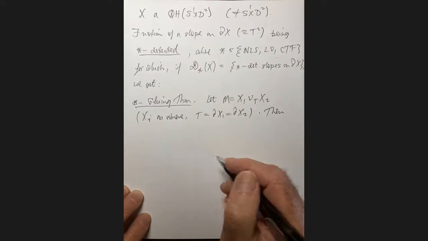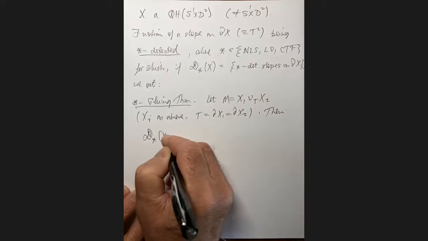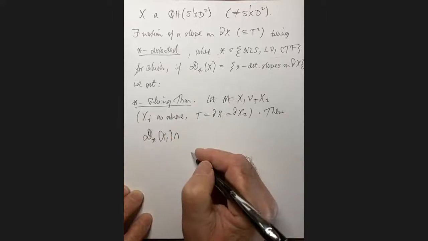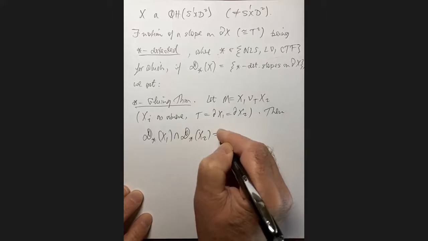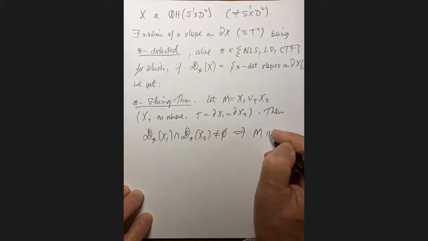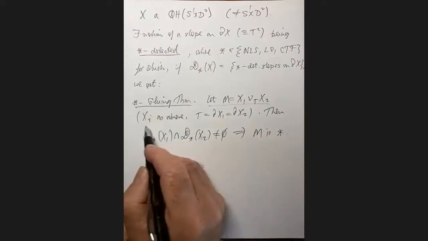Well, a sufficient condition is that there's a slope on T that is star detected in both X1 and X2. Okay, so that's the gluing theorem.